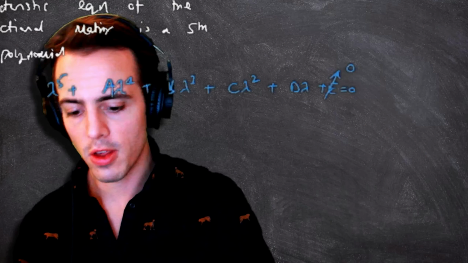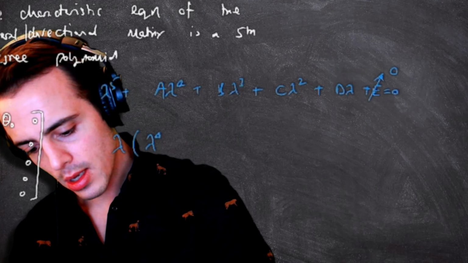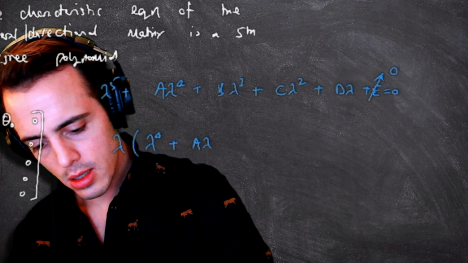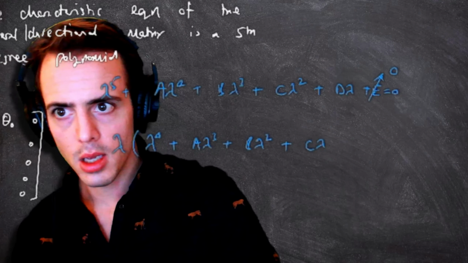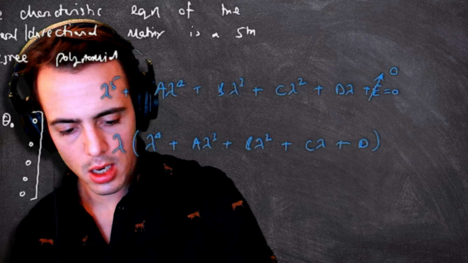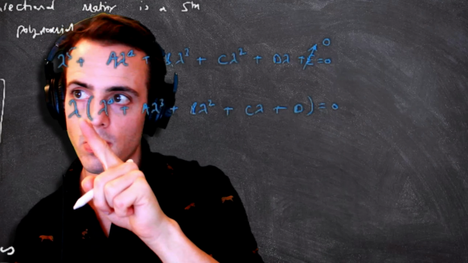So this whole system can be represented as lambda to the 4 plus a lambda cubed plus b lambda squared plus c lambda plus d is equal to 0. So we'll always find that for lateral directional motion we can factorize it.